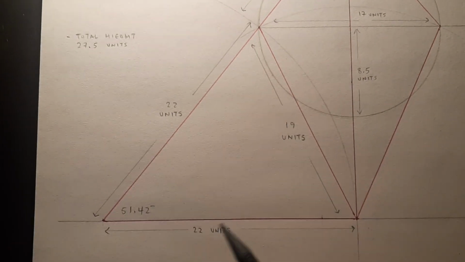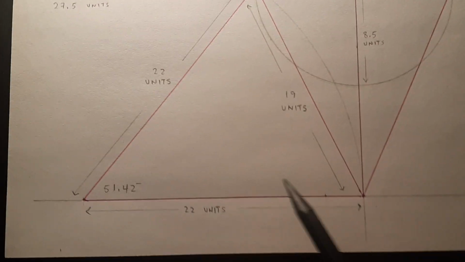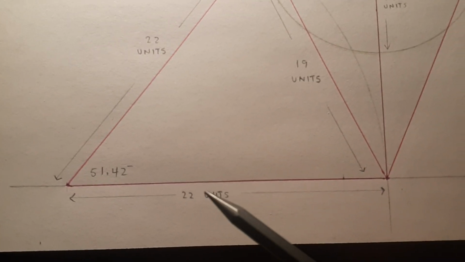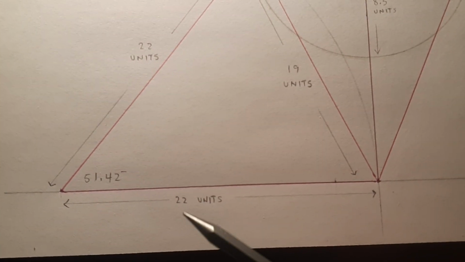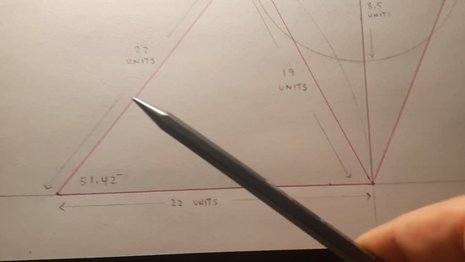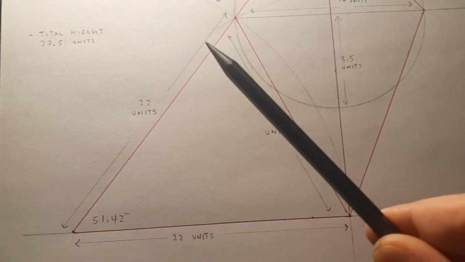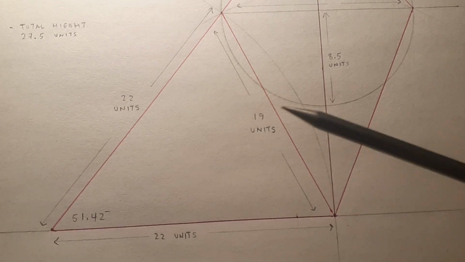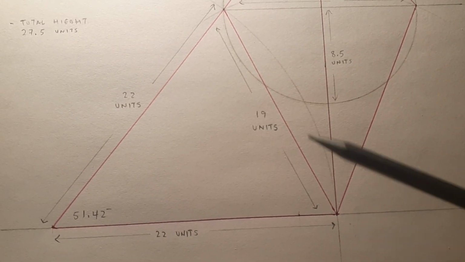So this is stuff that I found on my own. Two sides of 22 units, okay? Two equal sides of 22 units by a third side of 19 units.